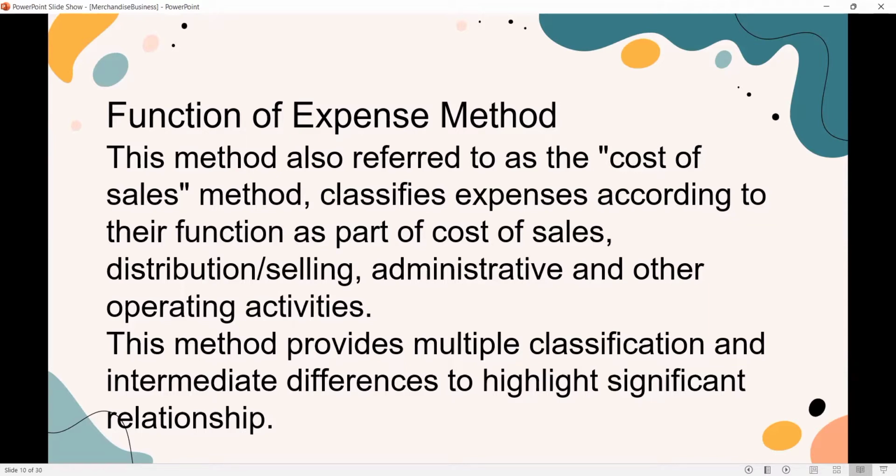So dito naman, yung function of expense method, medyo familiar naman na kayo sa cost of sale, yun yung tawag also doon sa function of expense method. Dito nandoon yung operating expenses, operating profit, finance costs, investment revenues, and profit from continuing and discontinued operations.